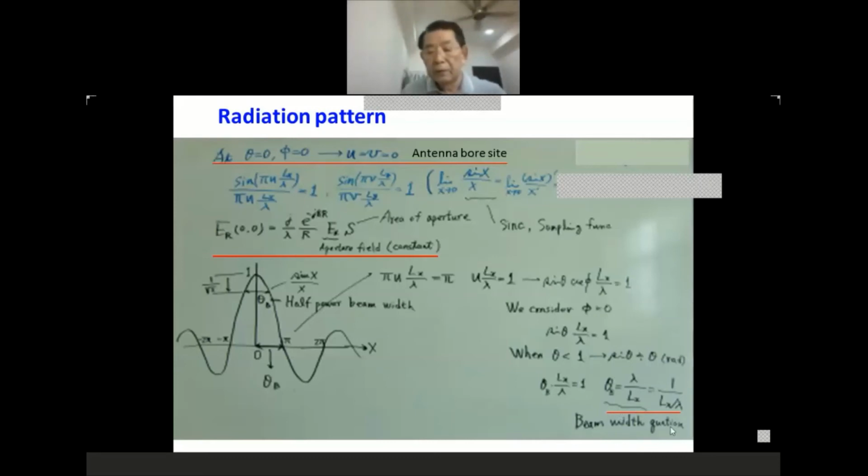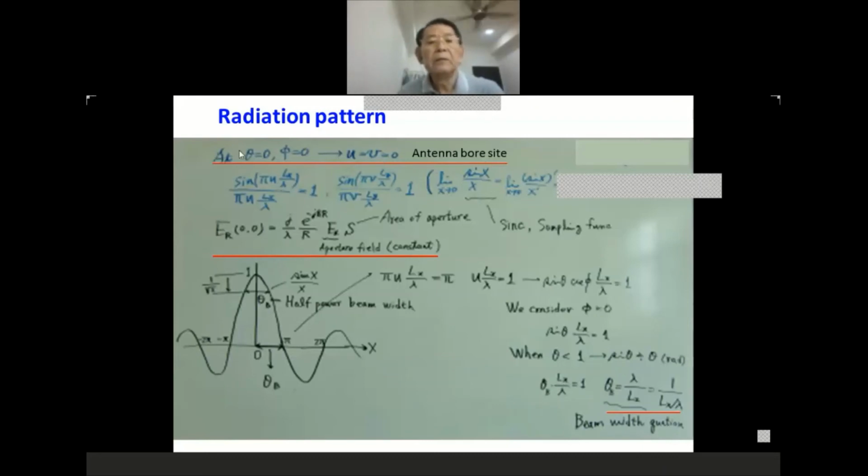So you must remember the antenna size determines how sharp the radiation is. Half power beamwidth is a very important parameter to understand an antenna.